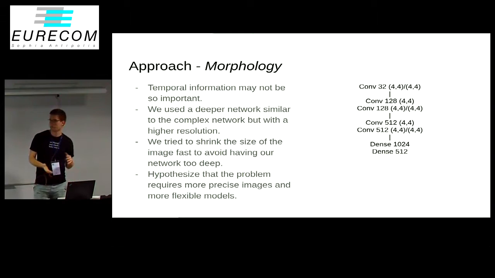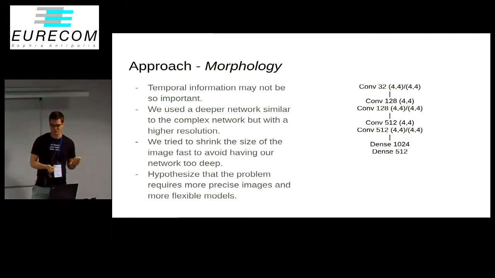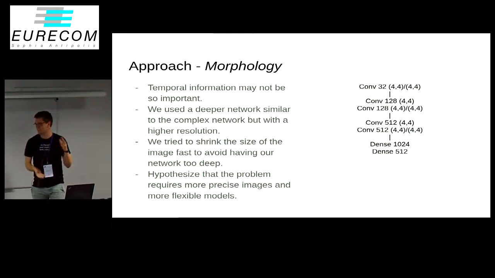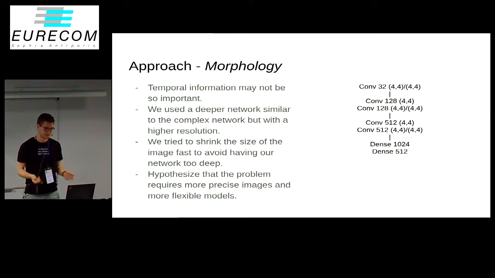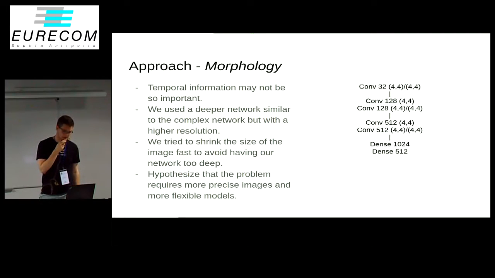To avoid having the network too deep, because in other related experiments I found that naively increasing the depth made the network lose every bit of information throughout the network. So to avoid having a much deeper network than this, I use large kernels and large strides to shrink the image as fast as possible.